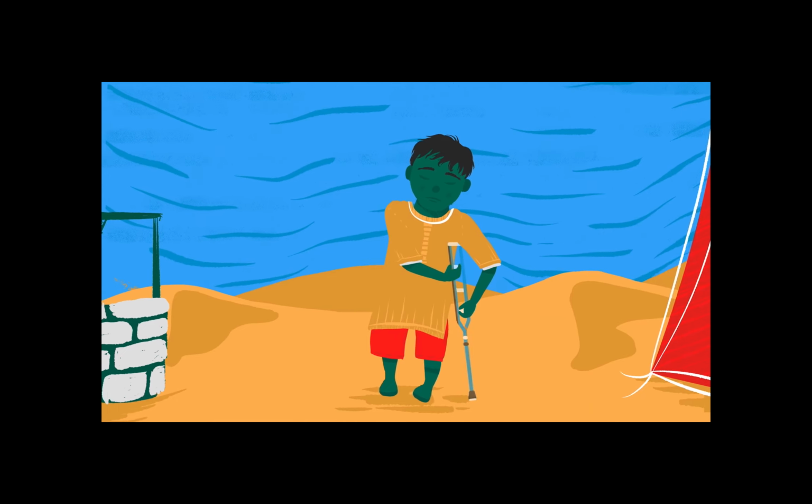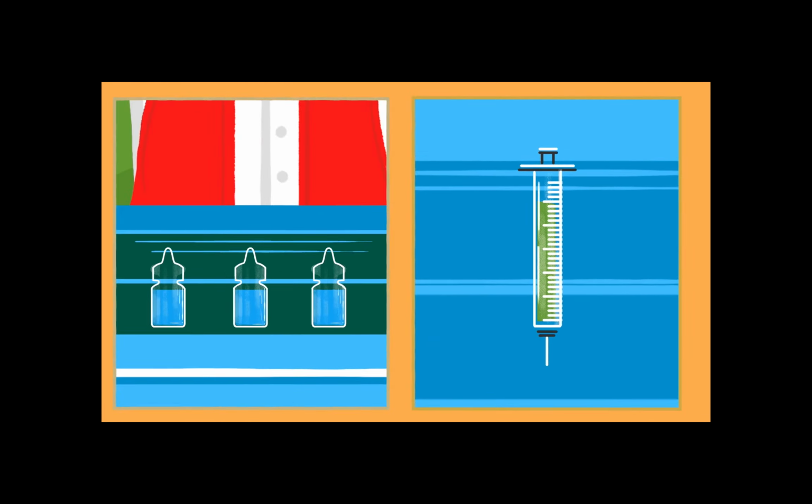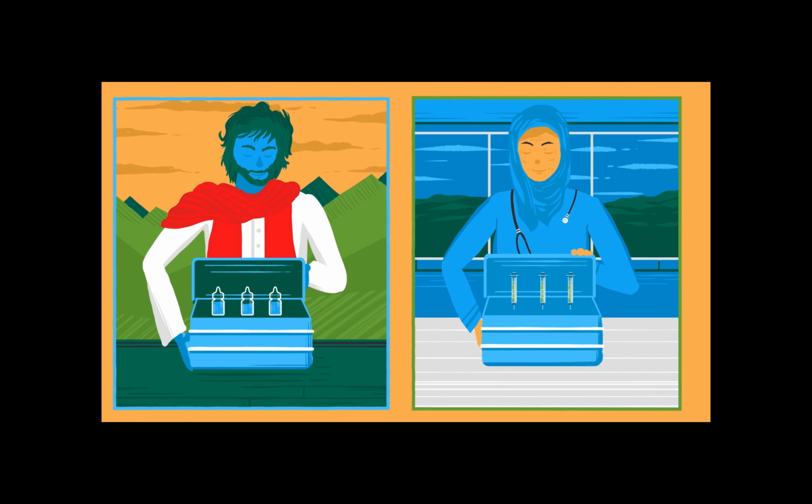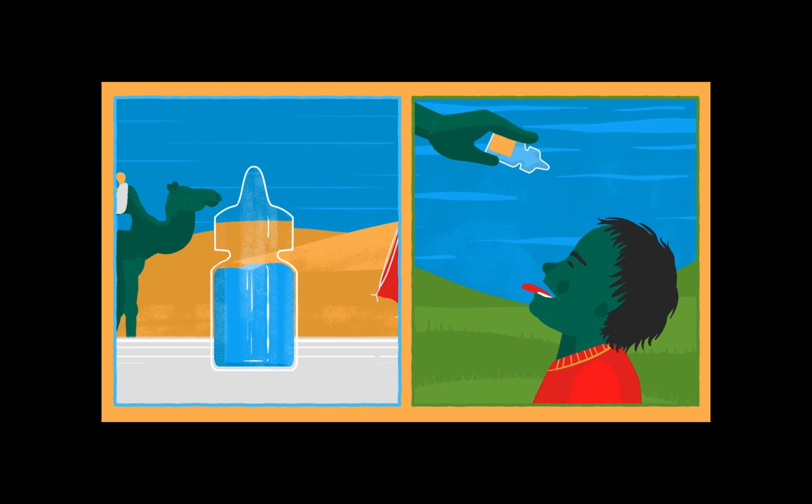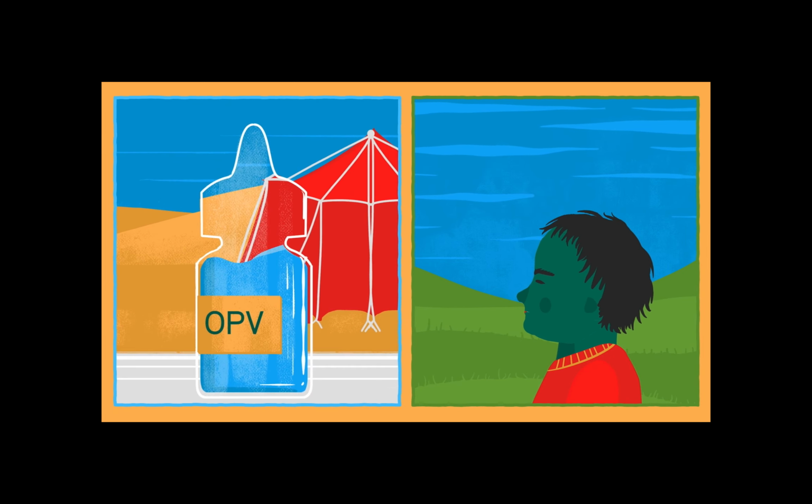Polio is a disease that causes permanent paralysis. We can't cure it, but we can prevent it. 2 important tools help to prevent polio, 2 safe, effective vaccines. One of these vaccines is given with just 2 drops into the mouth of a child. This is called the oral polio vaccine.